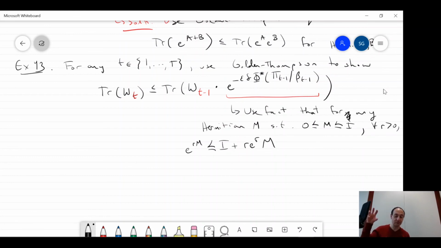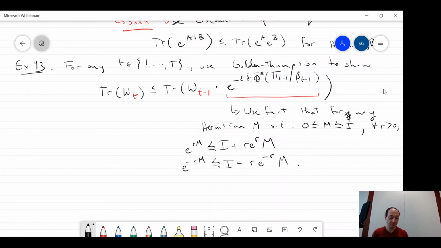Okay, so in other words, I can bring that Rm out of the exponent into the base if I write the right side this way. And so I added a multiple of the identity, for example. And the other one we have is e to the minus Rm is at most identity minus R e to the minus Rm.